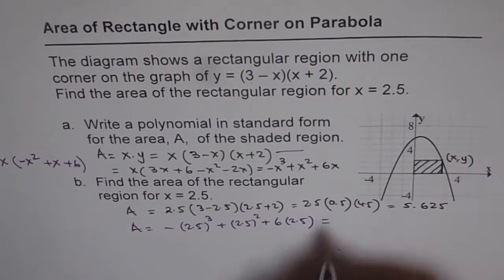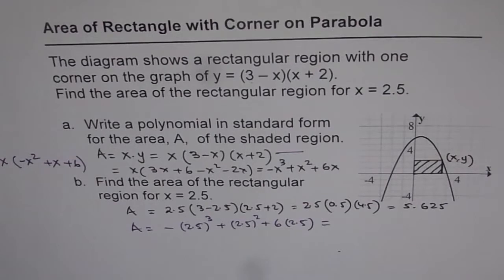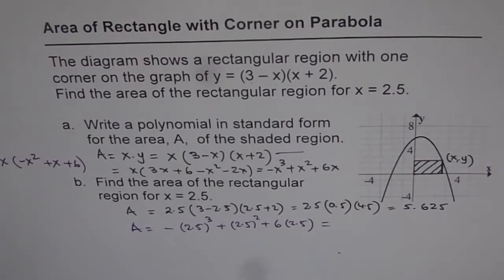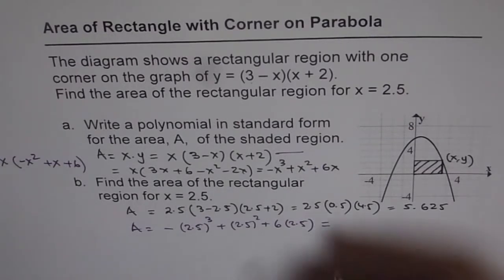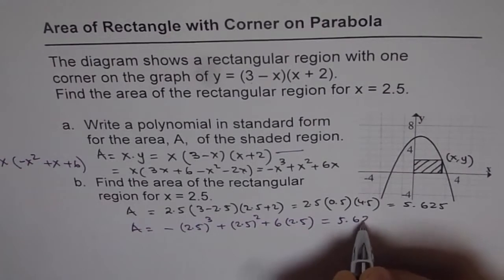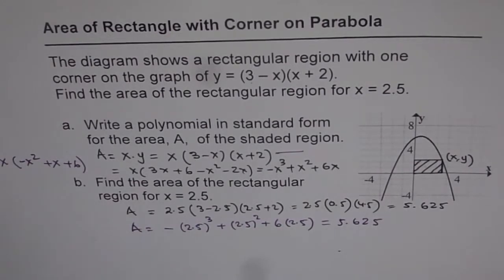Let's start from the right side: 6 times 2.5 plus 2.5 squared, and then minus, within brackets, 2.5 cubed, equals 5.625. So we get the same answer, right?